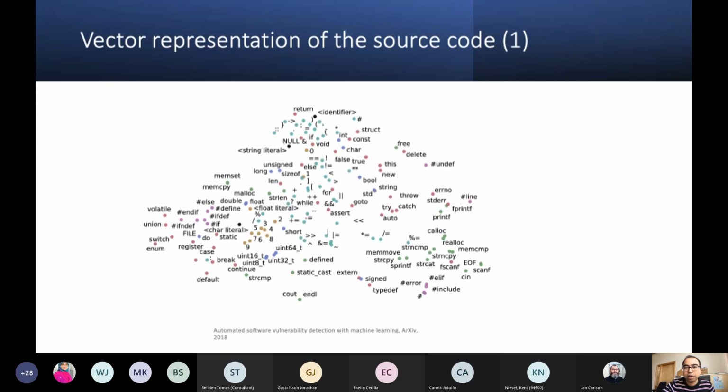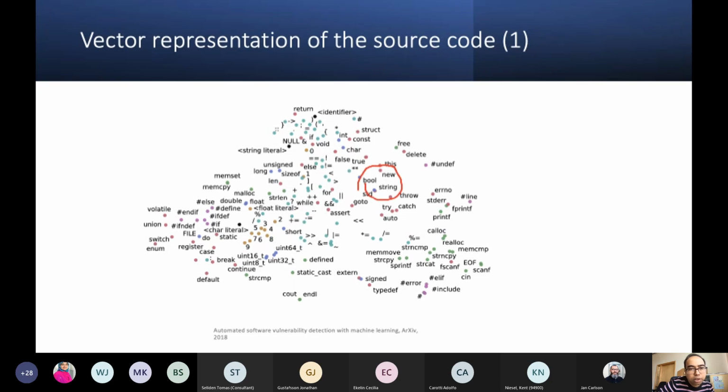In order to understand that, a two-dimensional representation of code tokens that is learned from 6.3 million lines of C and C++ code is drawn here. If we look into it, we see that similar tokens are clustered together. For example, Boolean, new, string are clustered together here.